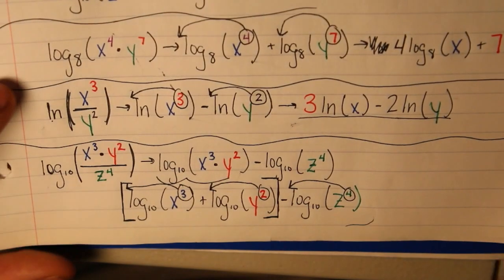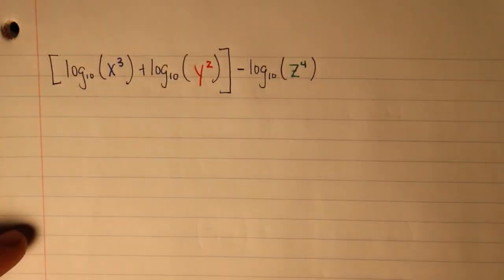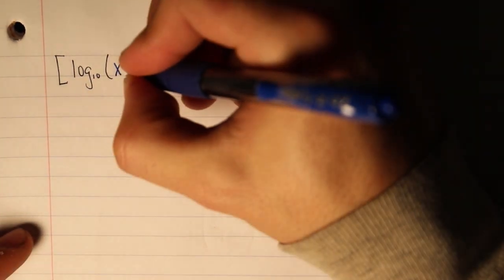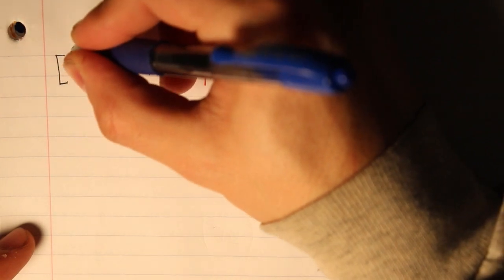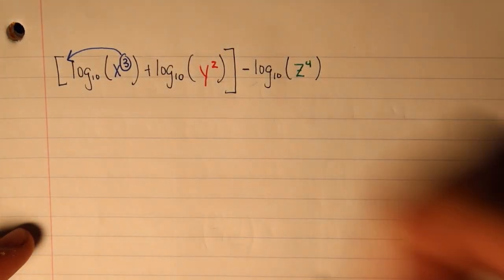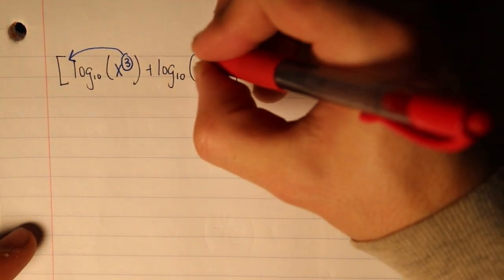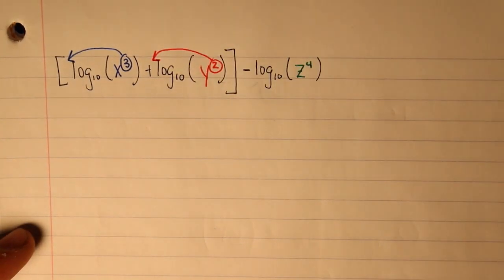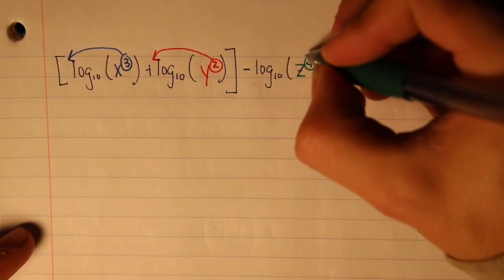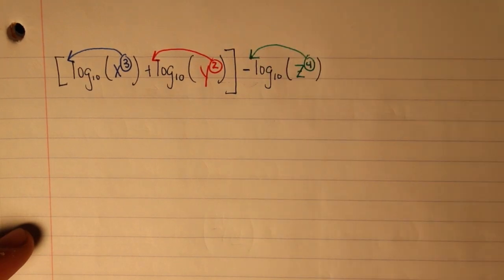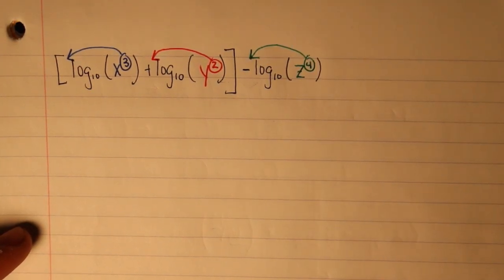So what that ends up being, give me a second, I need a new paper. We're going to take our 3 here, and I move it to the front because, again, exponents are almighty. They're all powerful. They belong first, in the front of the line. We're moving all of our exponents into the front.